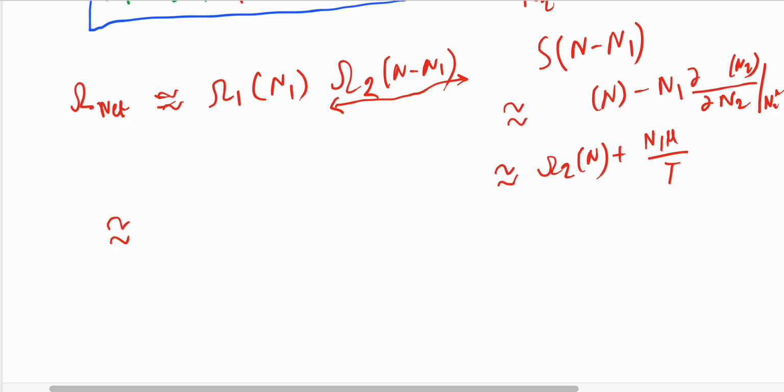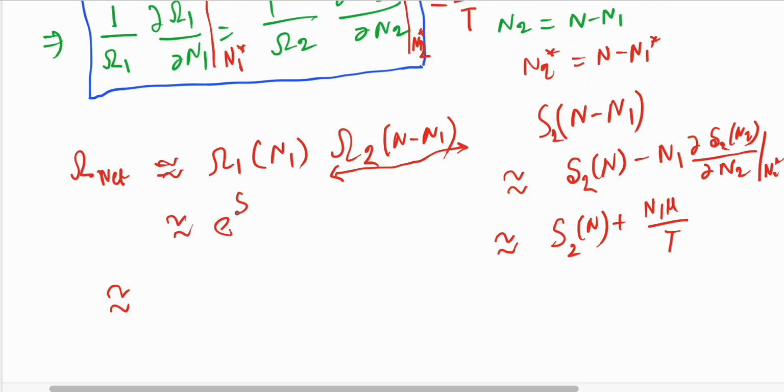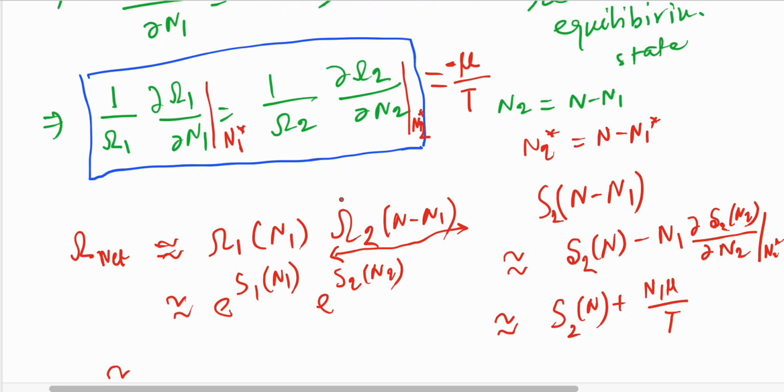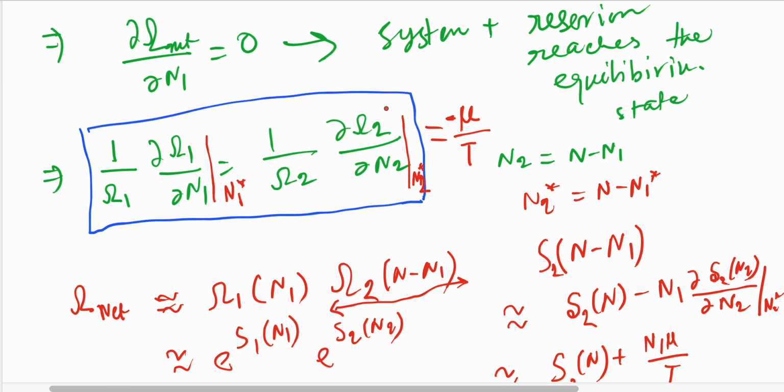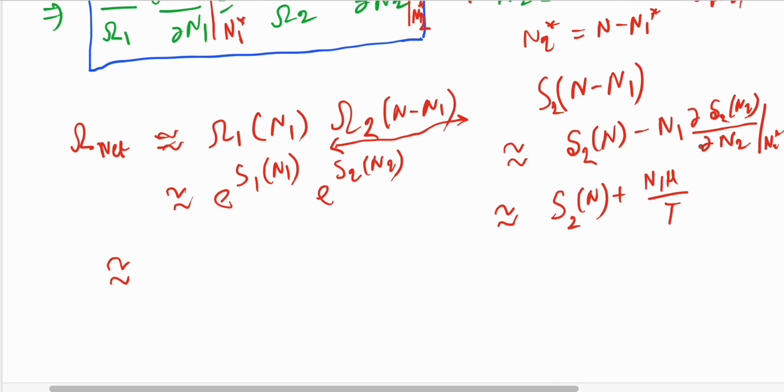This is e to the power s1 of n1 times e to the power s2 of n2, and you can see that del ln omega 2 by del n2 at n2 star is equal to minus mu by t.